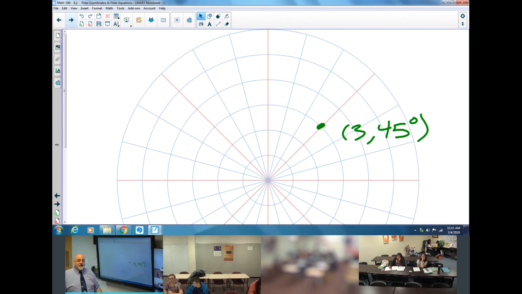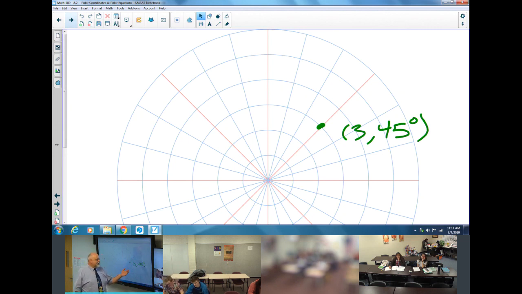Everything is based on the center of your vessel right here. So the captain will say, set a torpedo at a bearing of 45 degrees, that's your angle, and the range would be 3 miles or something like that.